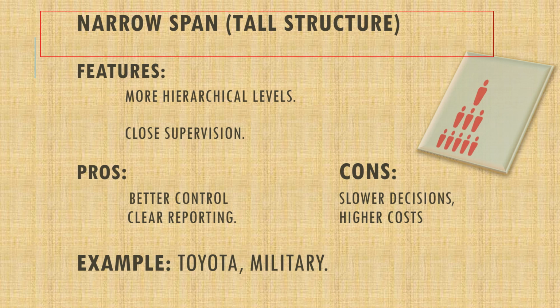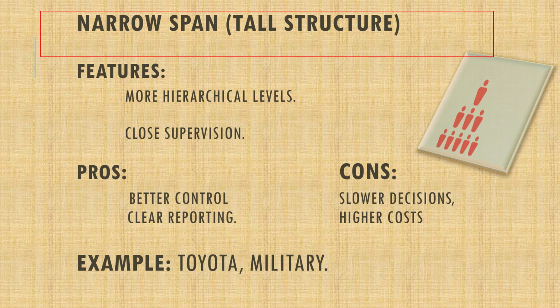Now we know already the narrow span of management means fewer subordinates are handled, controlled and supervised by the manager. The very popular feature is more hierarchical levels: top level management, middle level management, lower level management, and again below them some officers and clerks. Different levels of management will be there.